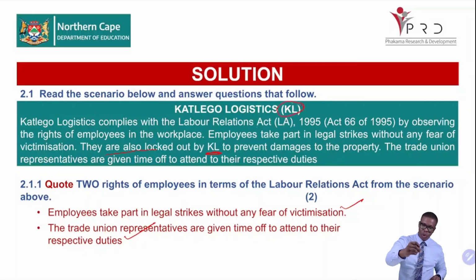Therefore, there's no way that this can be quoted as the employee's right, because the aim is to distract you as the learner from quoting, number one, employees taking part in a legal strike, number two, the trade union representatives. The representatives are the employees of the businesses, so they are the members of the trade union. So they have the right to go and represent other employees.